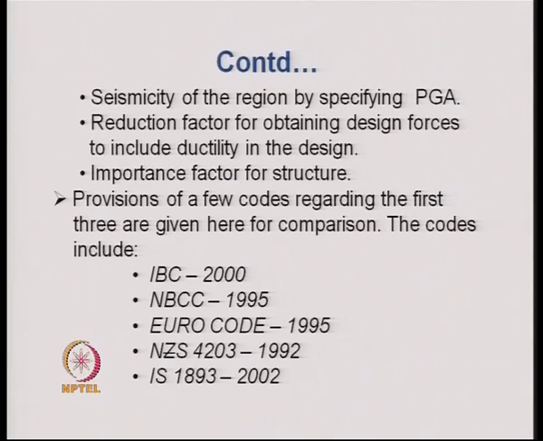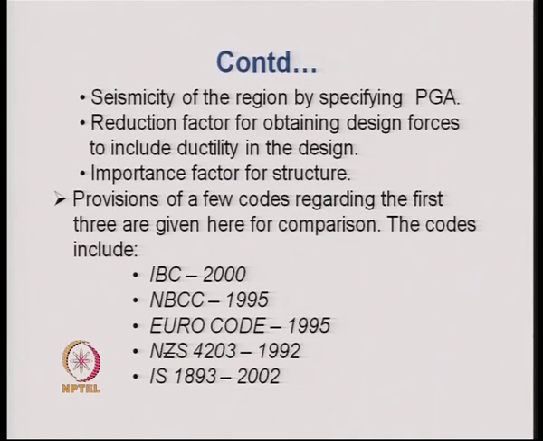Therefore, the factor of safety that is taken into account for designing a nuclear power plant is more than for other structures. That is achieved by providing an importance factor to the seismic design coefficient or the response spectrum ordinates, by multiplying them with some importance factor.